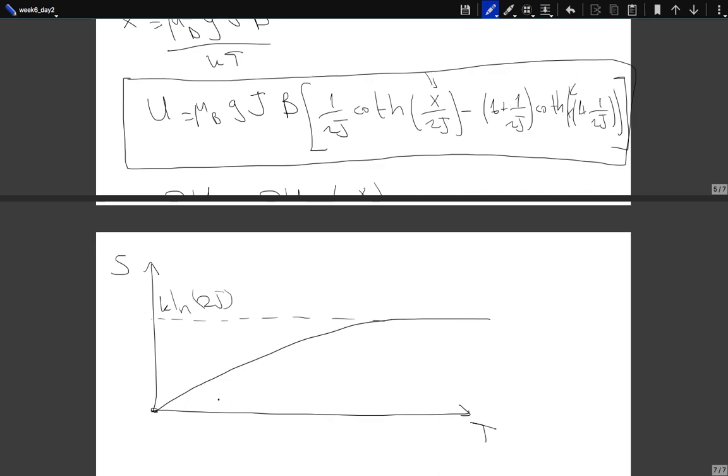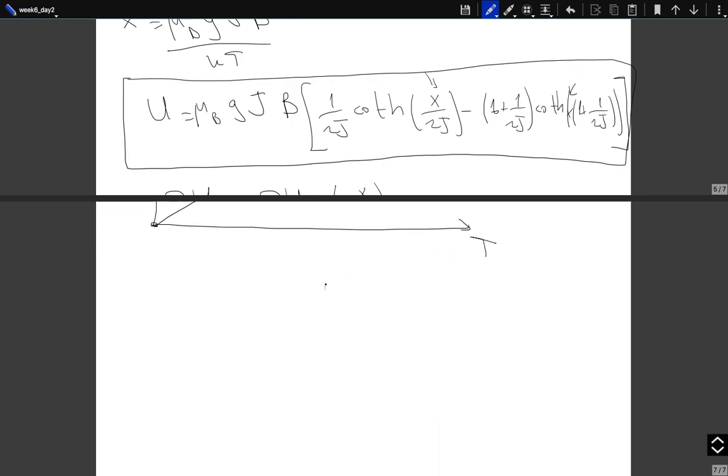So a better plot of U as a function of temperature would be, well, at t equal to 0, U has some finite negative energy. Then as we increase the temperature, it increases and then saturates at 0.